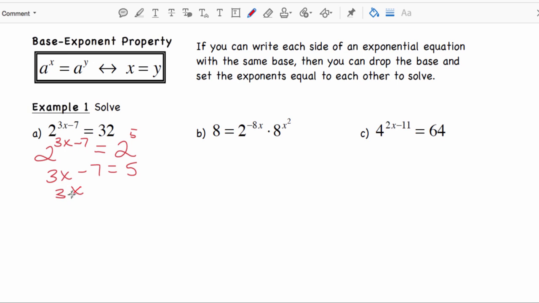So I will add 7 to both sides and divide by 3, and I get 4 as a final answer.